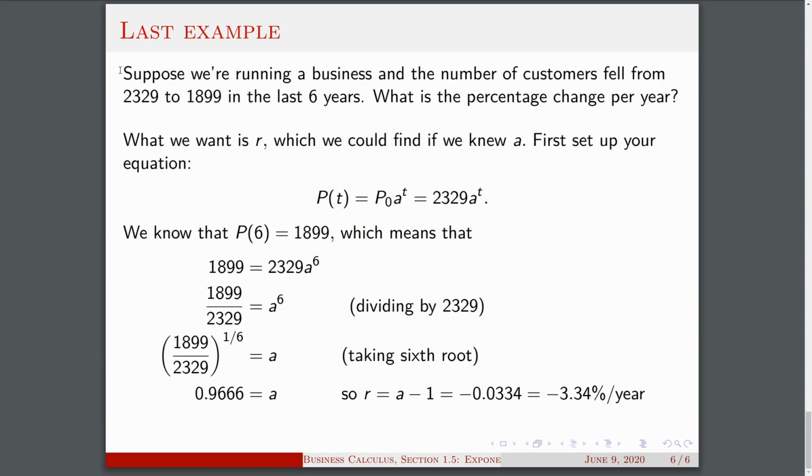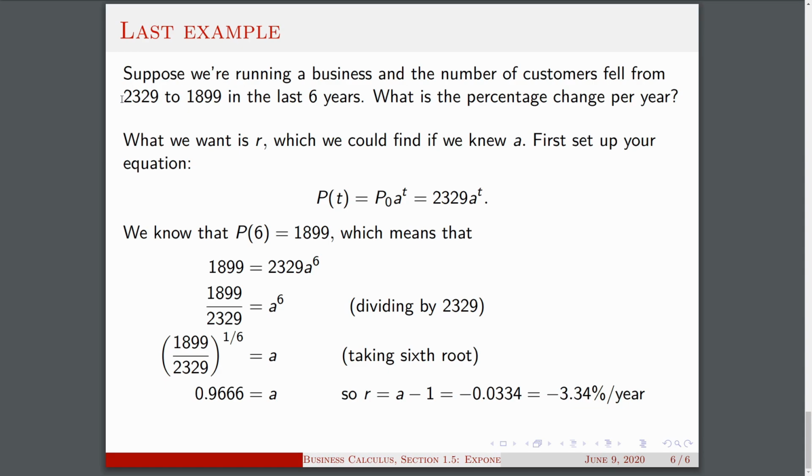Now, in terms of approaching this problem, you could calculate the relative change from 2329 to 1899, like we did, I think, in section 1.3 maybe. There was a section on average rate of change and relative change.